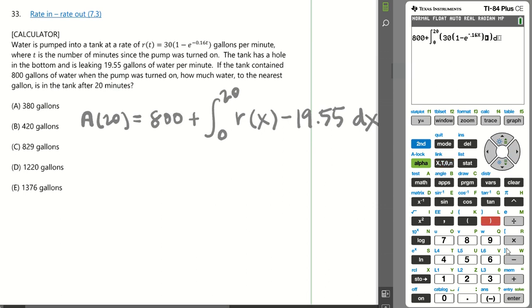Close the parenthesis, subtract the 19.55, and integrate with respect to x. And I get 829.143 gallons, and so that's going to be answer choice C.